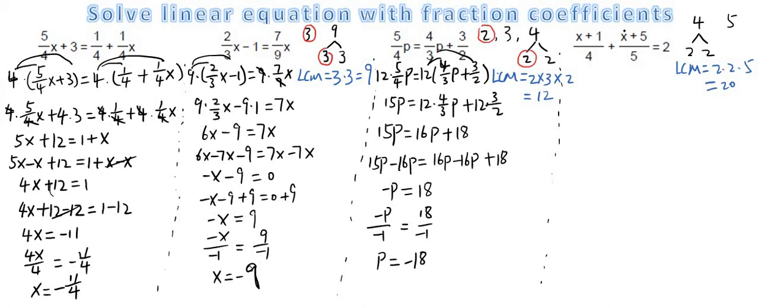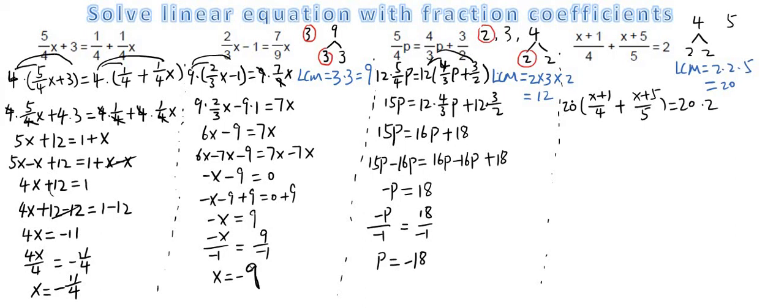So that means we can let 20 times both sides. So 20 times (x plus 1 over 4 plus x plus 5 over 5) equals 20 times 2.